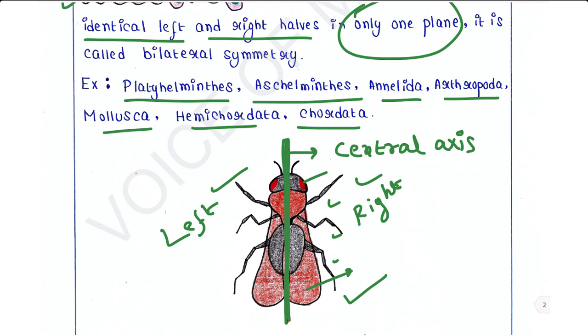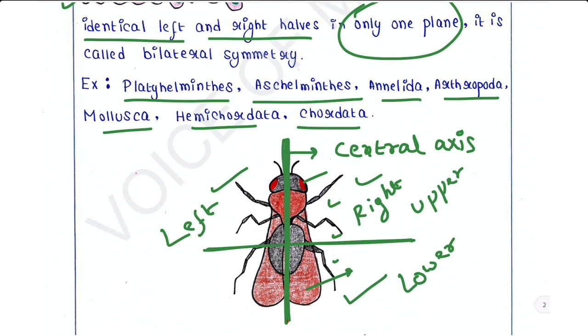But this is the difference between bilateral symmetry and radial symmetry, that if you cut this fly in this plane, then you will not get two identical halves, because this upper half and lower half are not identical. In the upper half you will get the head portion of the fly, and in the lower half you will get the tail portion of the fly.